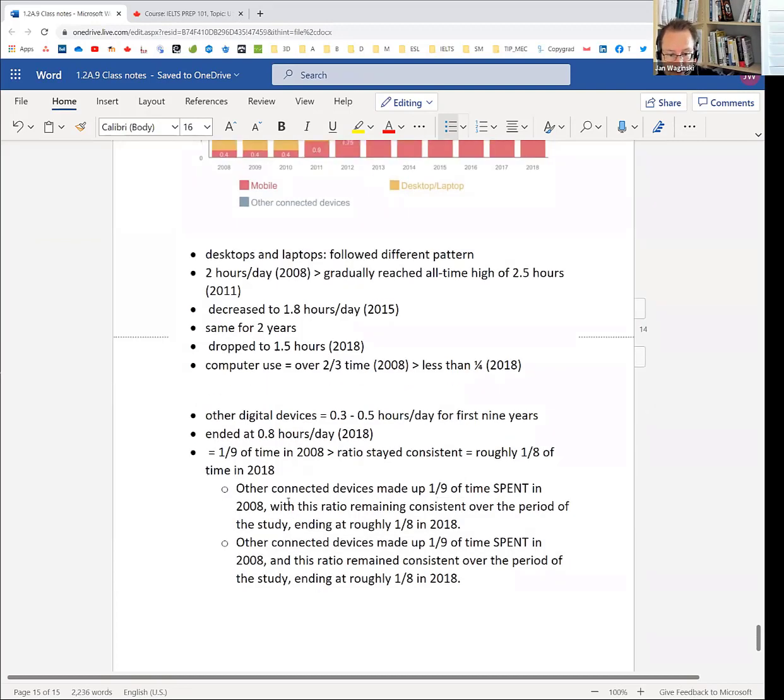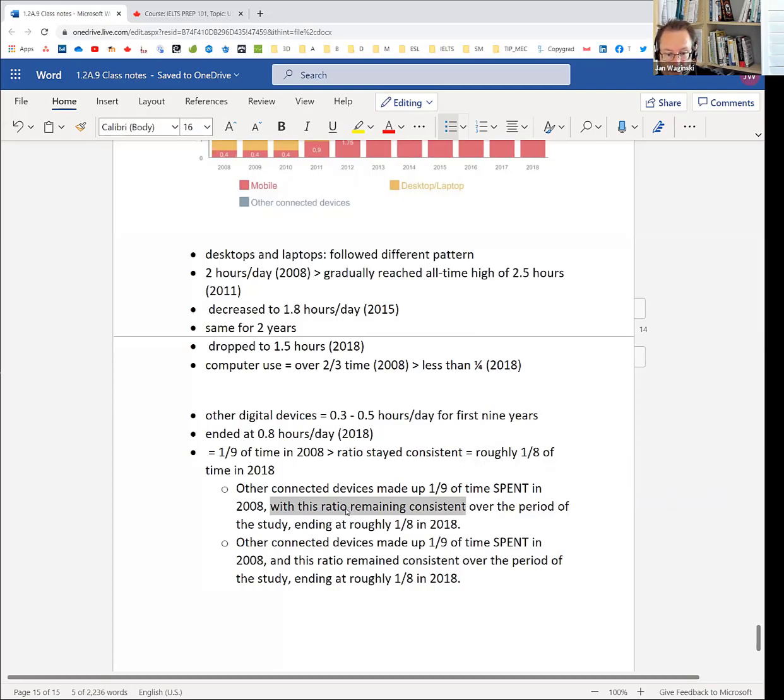Okay, so you don't want to mix these two up. If you say, and this ratio remained consistent, or with this ratio remaining consistent. With. It sounds better for me with, yeah. Right, so this is a more complex form than the second version here, but if you screw it up, it's wrong.